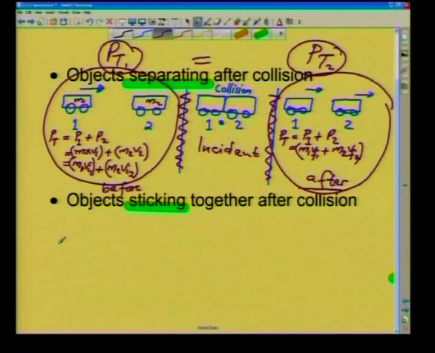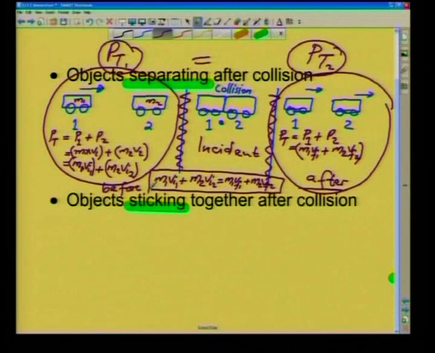This would mean that for objects separating after collision, momentum before, which is m1 v initial 1 plus m2 v initial 2, should be equal to m1 v final 1 plus m2 v final 2. Now this is what the principle is saying.